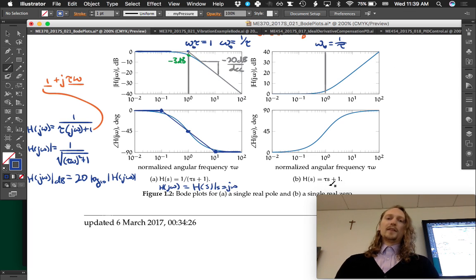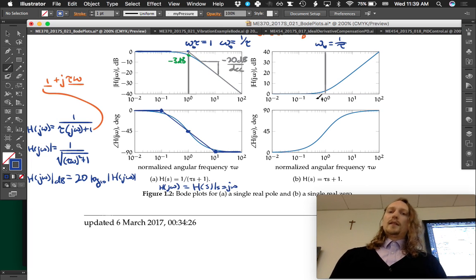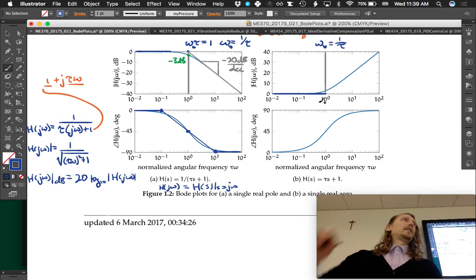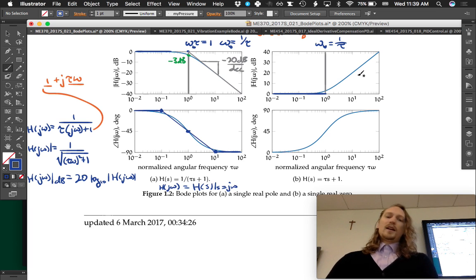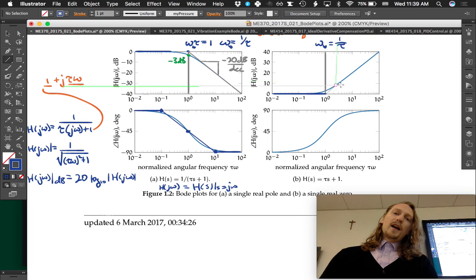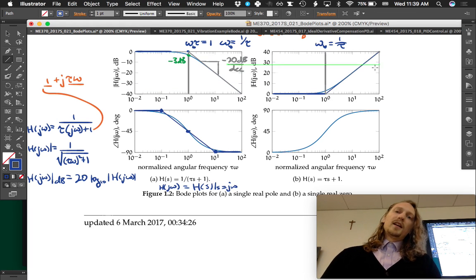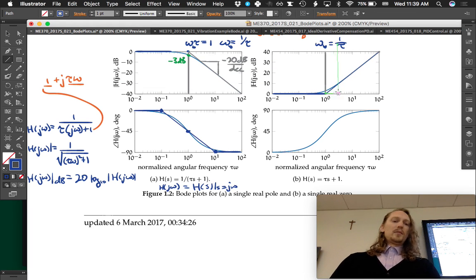It's this ta, though, the ta from the transfer function below it. And once again, the magnitude starts off at 0 dB at low frequencies, all the way up to the break frequency. It starts to break off there, and then it goes at 20 dB per decade, but positive 20 dB per decade.